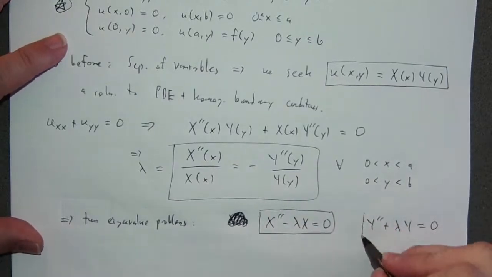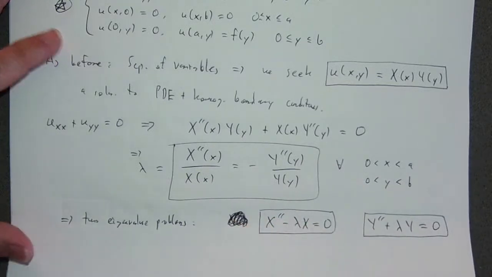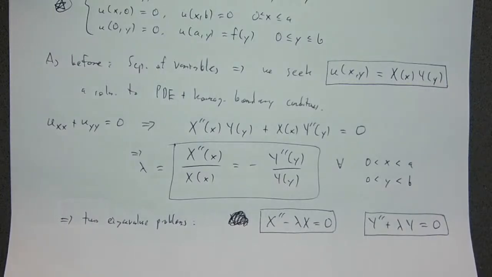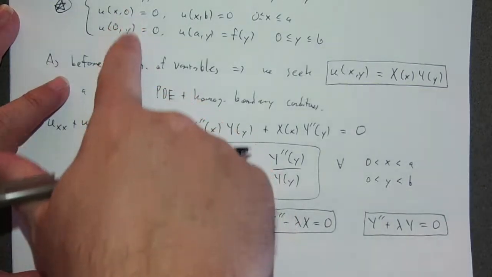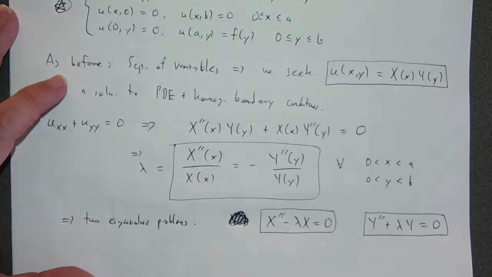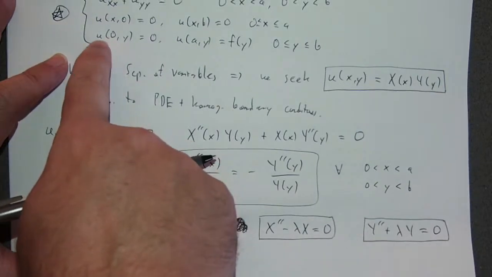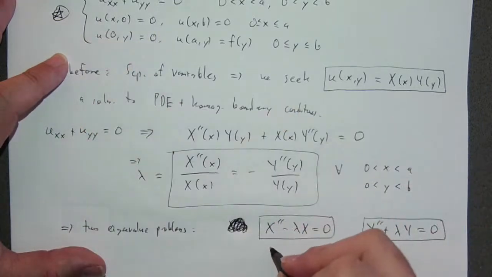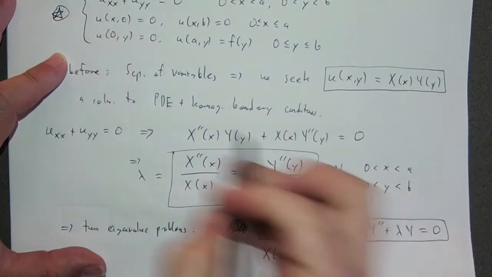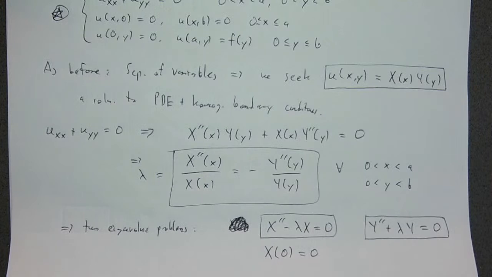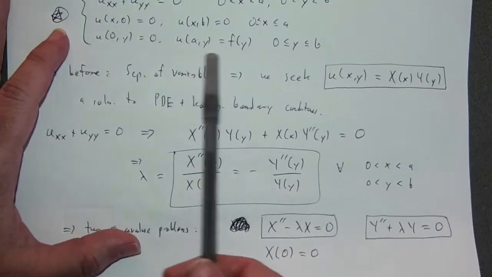And you might say, how did I know where to put the minus sign in this expression? Well, if I look at the boundary conditions, the boundary condition leads to the BC in the eigenvalue problem X of 0 is equal to 0, and that's the only one we get, because the other boundary condition is not homogeneous.